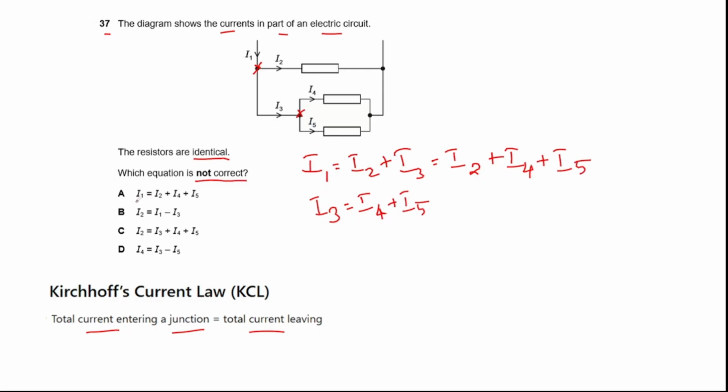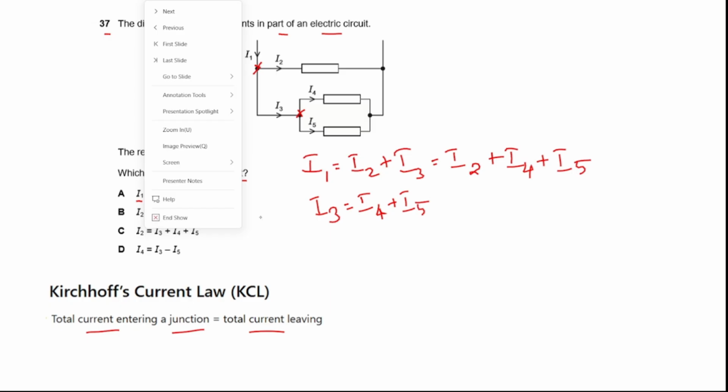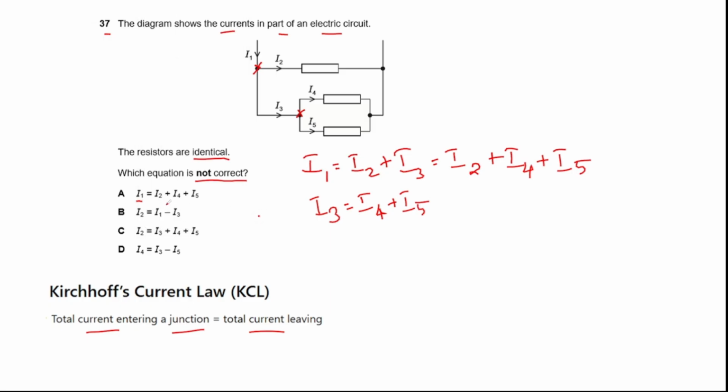If you are checking the first option, it is a correct statement. For the next one, I2, you have to just rearrange this. After rearranging this equation, you get I2 is equal to I1 minus I3. So this is also a correct option. Then option C is I2 is equal to I3 plus I4.